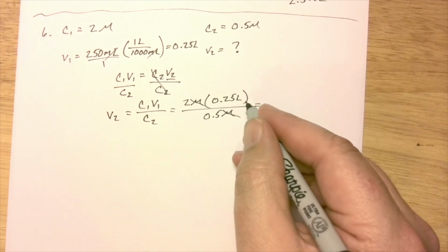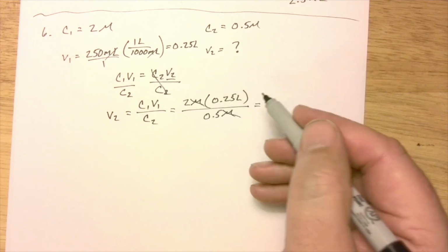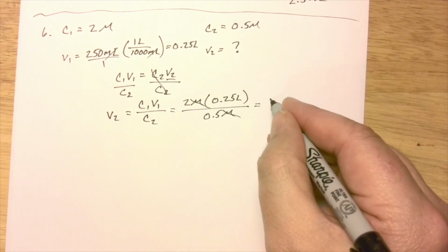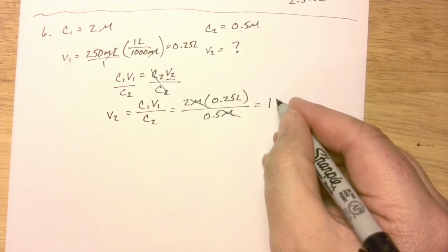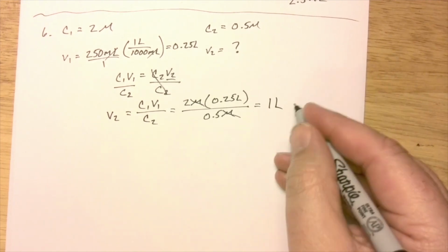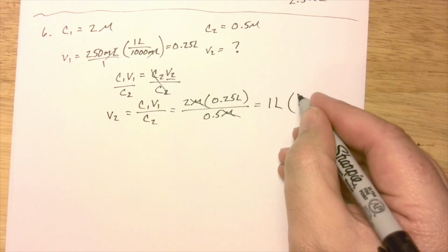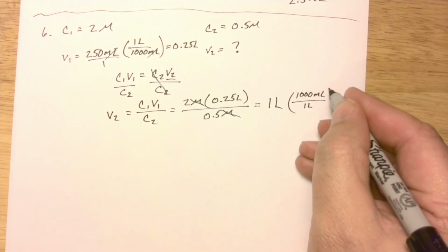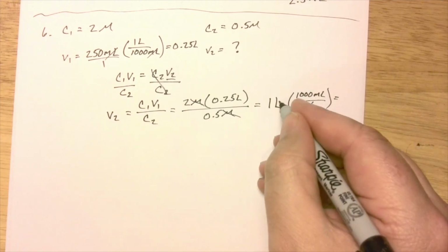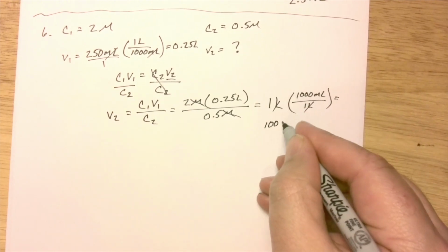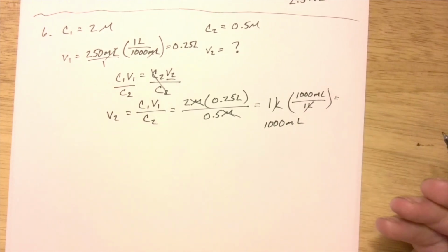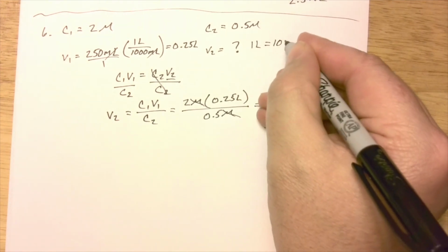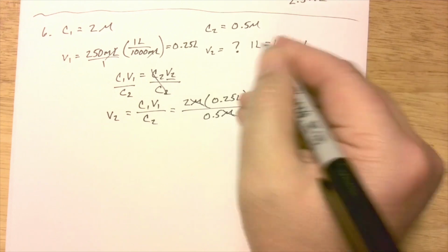It's going to leave you with a unit of liters. So 2 times 0.25 divided by 0.5 gives you 1. That'll be 1 liter. If you need to convert that into milliliters, 1,000 milliliters all over 1 liter. Liters will cancel out, which is the same thing as 1,000 milliliters. So this would be 1 liter or 1,000 milliliters.